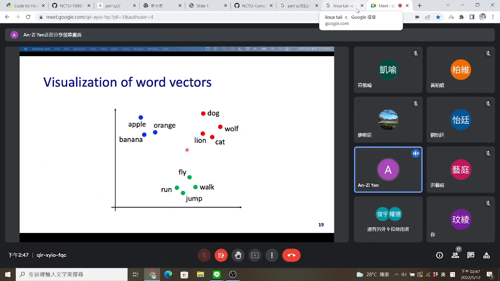So you can see these two clusters are closer to each other, and there is a space between the cluster that contains the words about verbs or actions. So it is a fun and useful possibility.